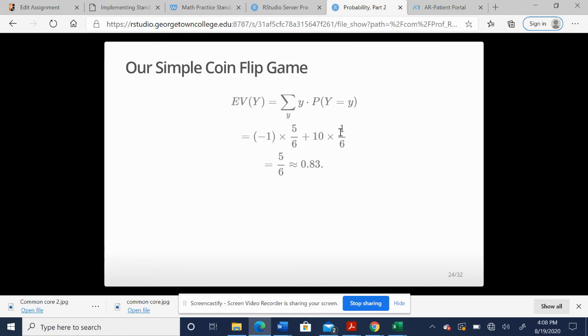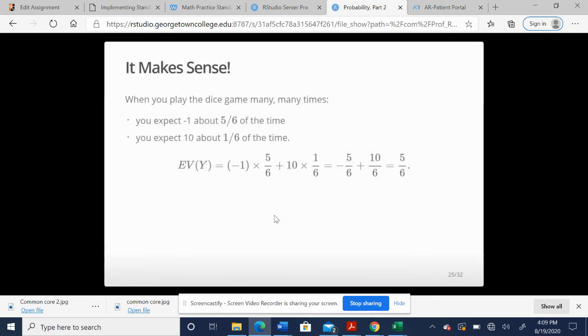And we expect to win on average about 1 out of every 6 times. Even if I lose the other 5, I am still $5 to the good. So over time, this would work out to be approximately 0.83 as an expected value. So it makes sense. Play the game many, many times. You expect -1, you expect 10, just as we described.